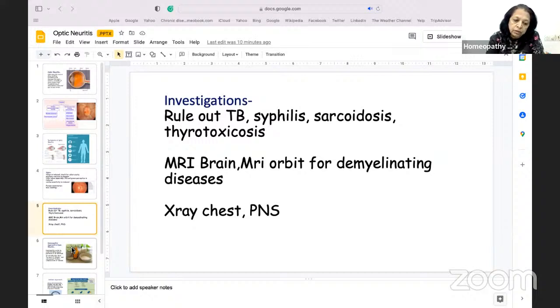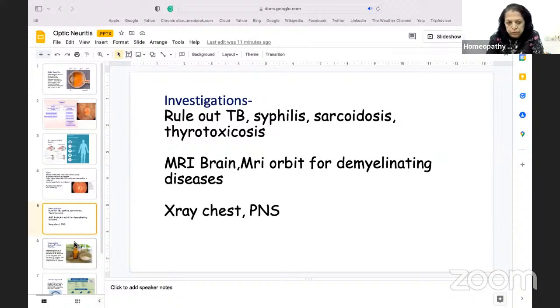Now you will know that, especially in allopathy, whatever the cause, usually we start with steroids. IV steroids are given for 3 days and then tapered off. In certain diseases, suppose an infection is there, tuberculosis, you have to start antituberculosis treatment; also syphilis, according to the cause, you have to treat the cause.